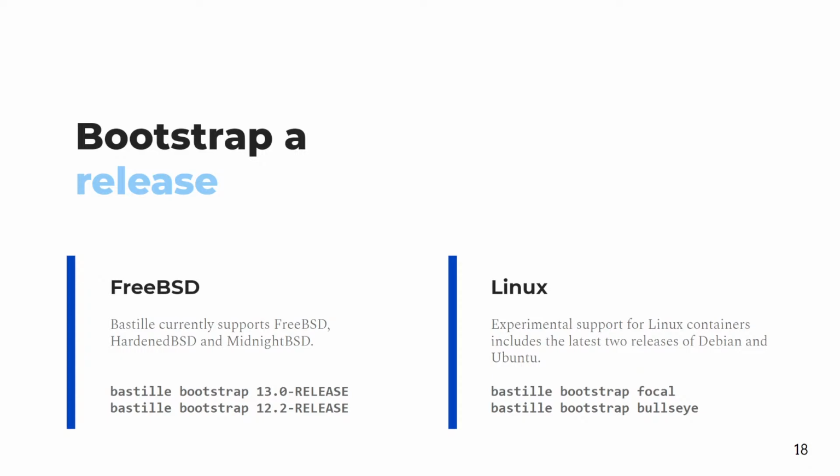A long time ago, when I was a younger man, I was an Ubuntu user and a Debian user, and the release code names were a fun part of how they do it. But after moving pretty much to BSD and getting out of that world, I realized that focal and bullseye don't mean anything to anybody except for the people that use that distro. I always have to look up what version is focal, what version is buster, what version is stretch. But that's the name that they use for everything.